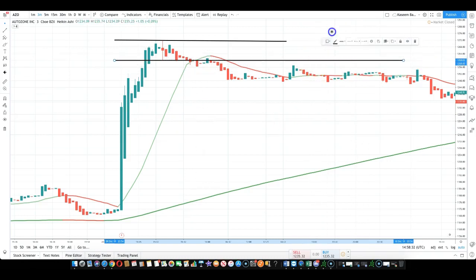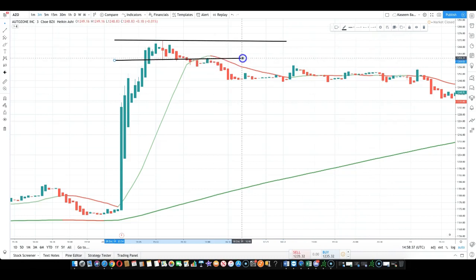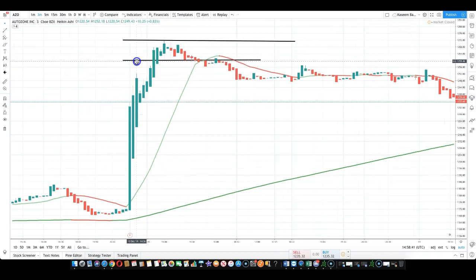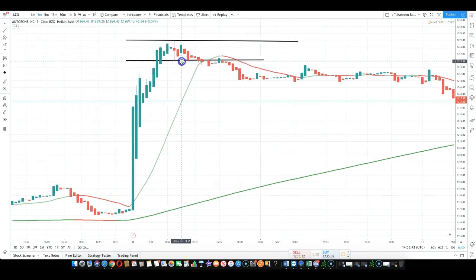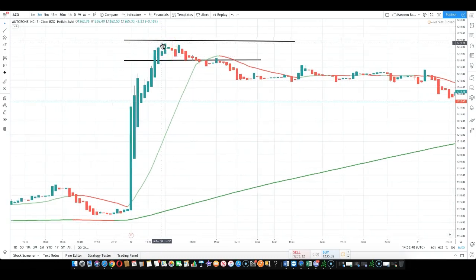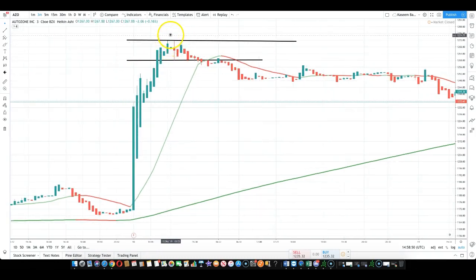Give me a second here. Let me readjust this line. Okay, this is what confirms trend for me, right? Because as you can see right here, price could not go any higher than this. Price could not go any higher. So what that tells me, especially when you see a candle like this, is trend is about to change.